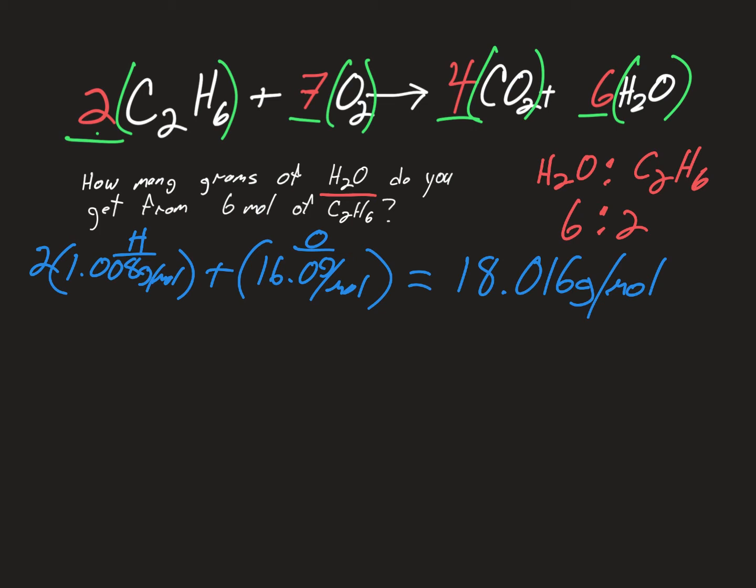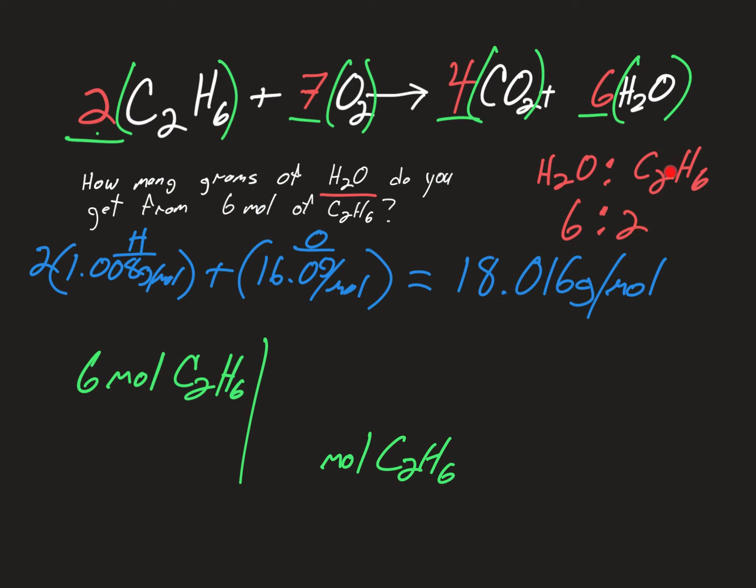Now, with all of that, we can start with what we're given down here and work on those railroad tracks. So I'm going to start with 6 moles of ethane. Now, I need to go from moles of ethane to something else. So I'm going to need moles of ethane on bottom. And if I look, I can use that ratio.